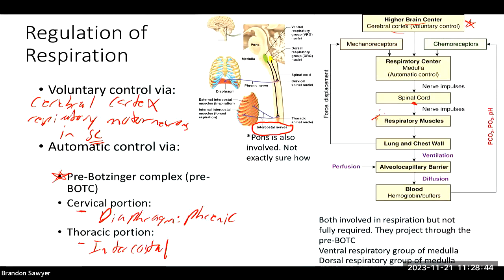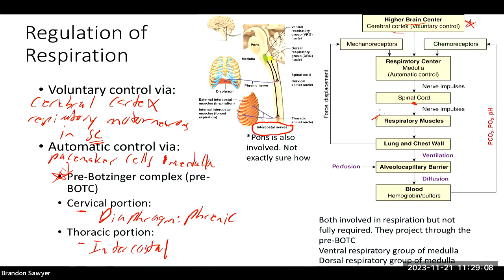Okay, and as far as the automatic control portion goes, we actually have pacemaker cells in the medulla. And that's pretty much what we find in this pre-Botzinger complex.